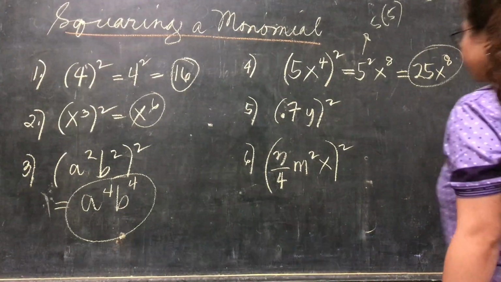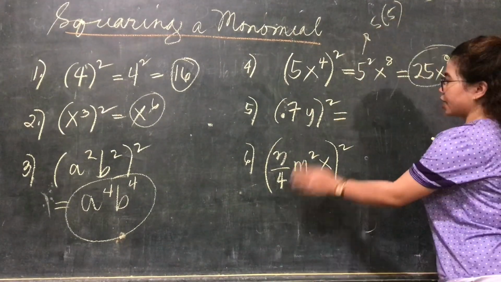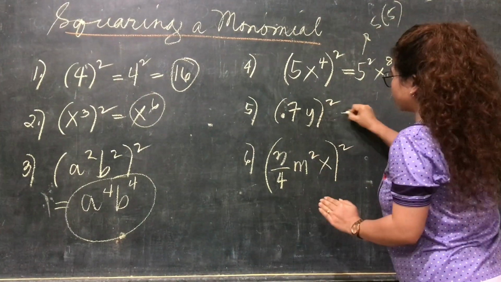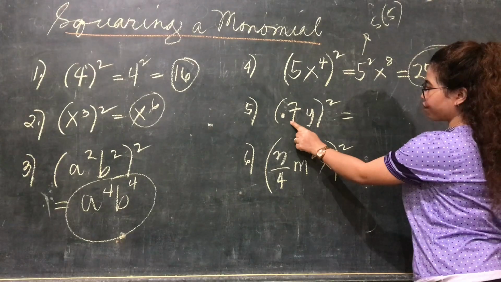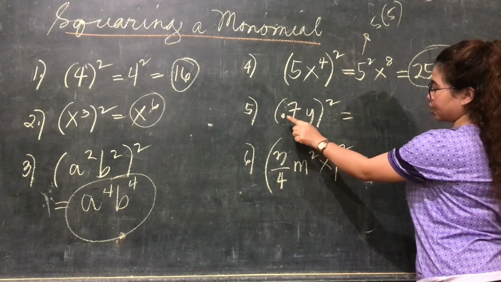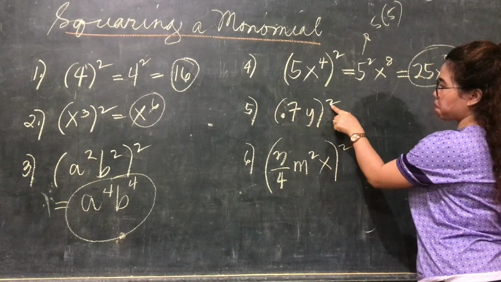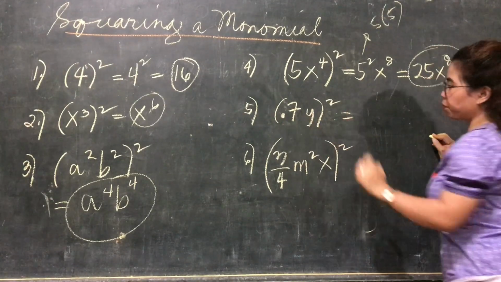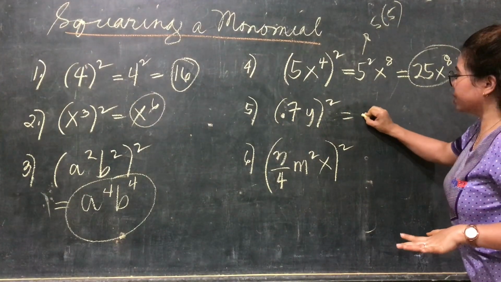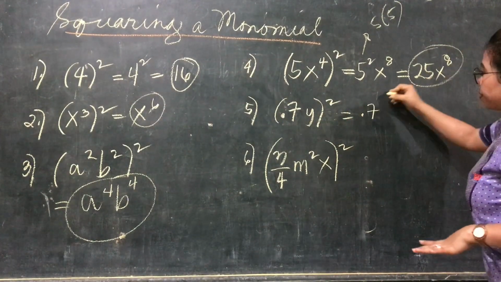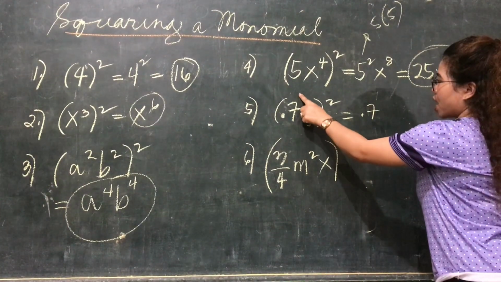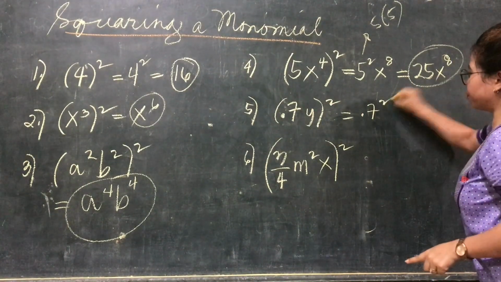Number 5 equals. Take note, this is 0.7, multiplied by 0.7, since the power is 2. 0.7 has a power of 1, 1 times 2, you have 2.